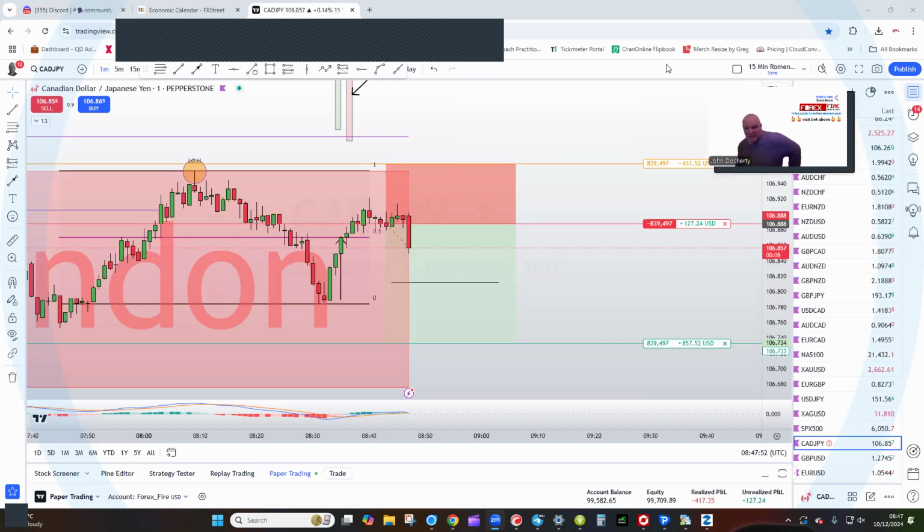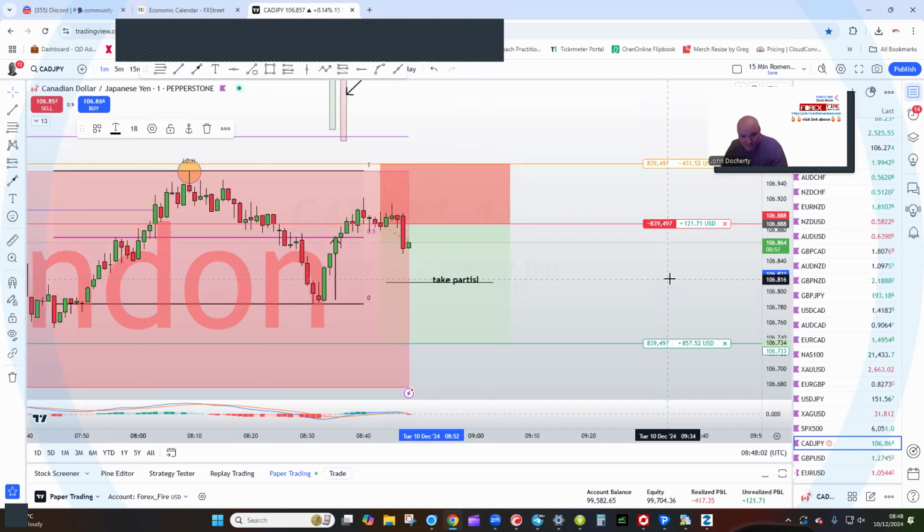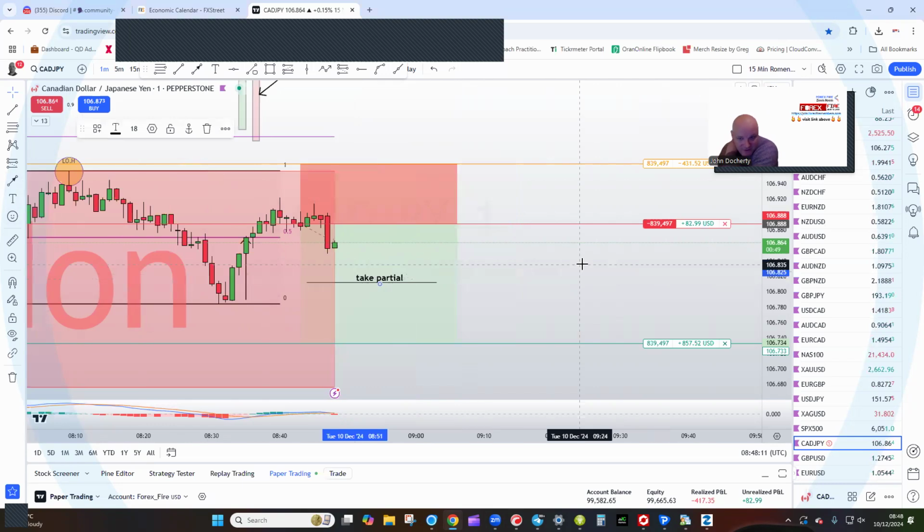Right, so we can see we are nicely coming back into profit. This is a possible take partial area. Don't really want to be taking any profits off if I can help it.